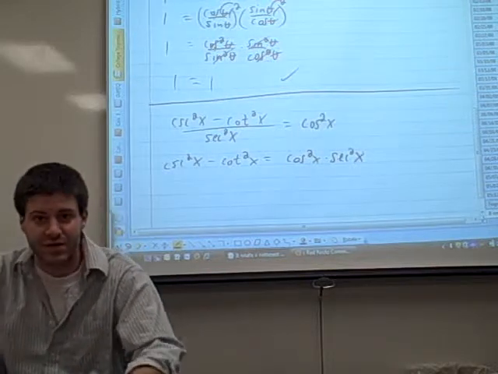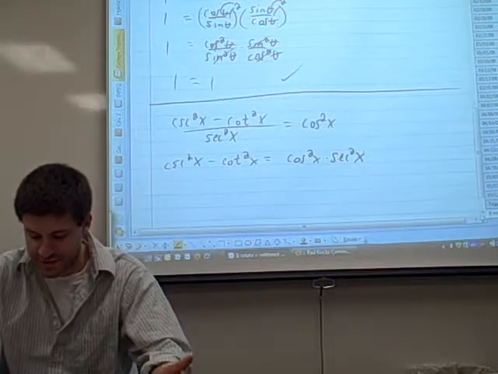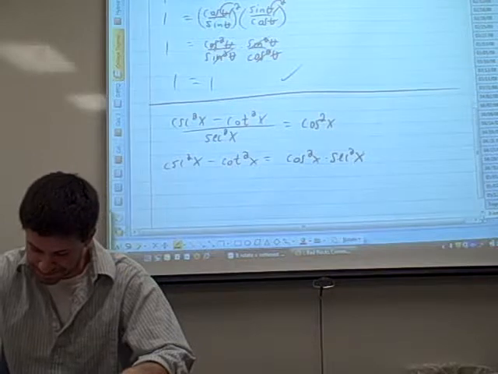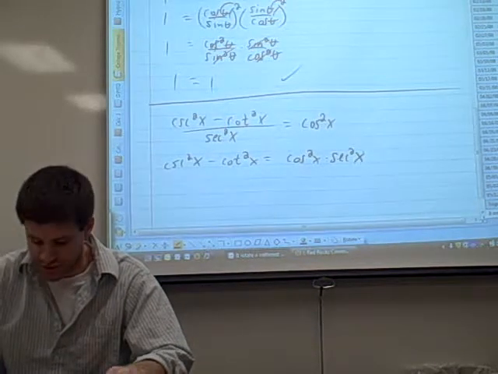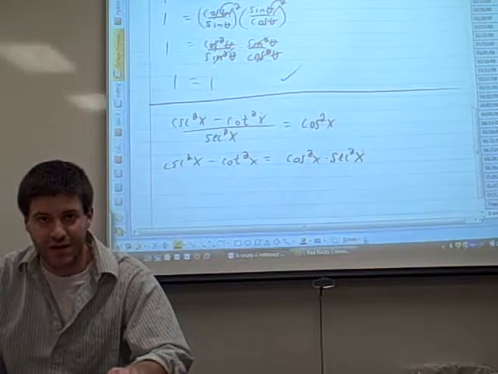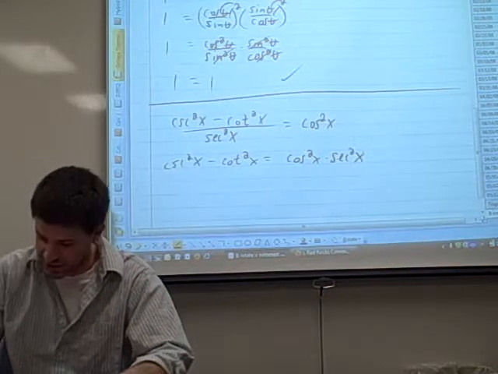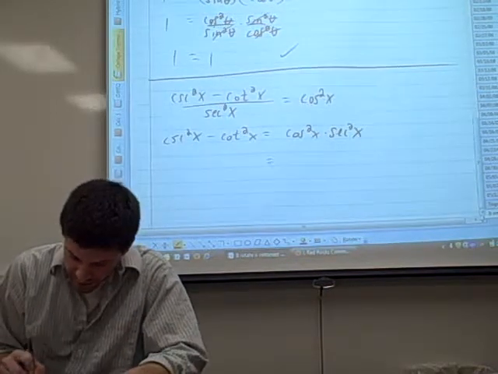If we do that, the secant squared cancels from the left side, and we get it multiplied on the right side. Now, cosine squared times secant squared, these are things that you should be starting to recognize. Cosine and secant are reciprocals of each other.